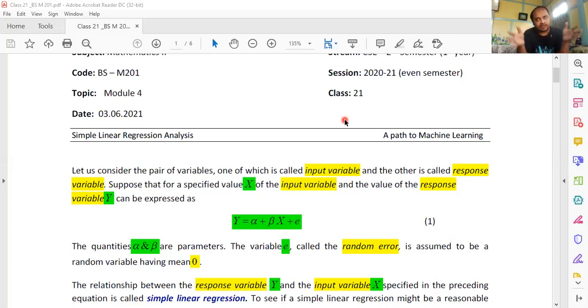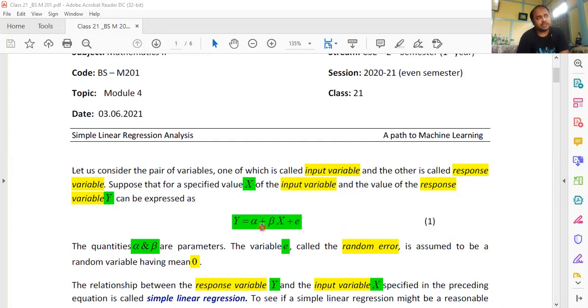And the straight line equation that connects both variables capital X and capital Y is called the line of regression. So I have shown here a line of regression, which is a general form, where we have the response variable on the left hand side, the input variable on the right hand side, and alpha and beta are parameters.